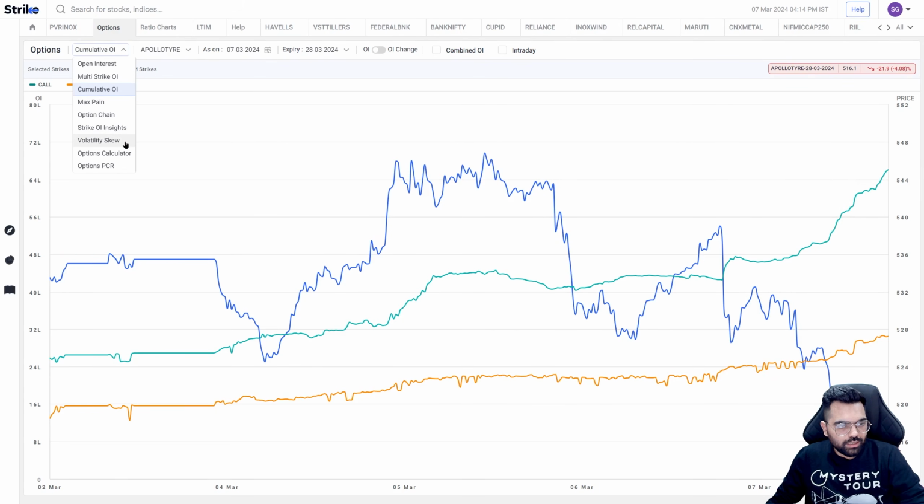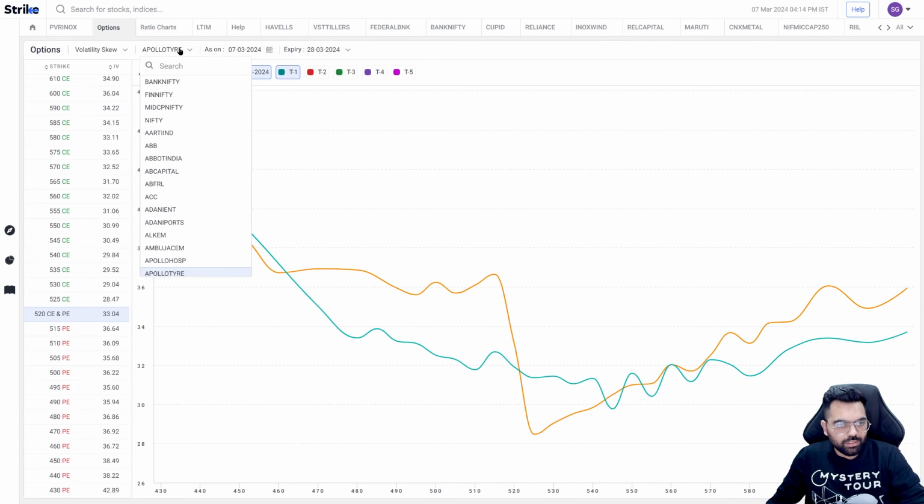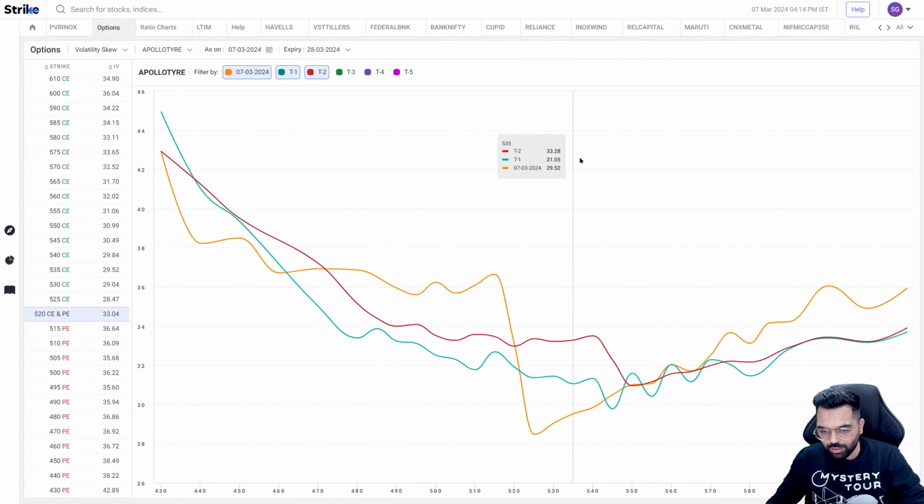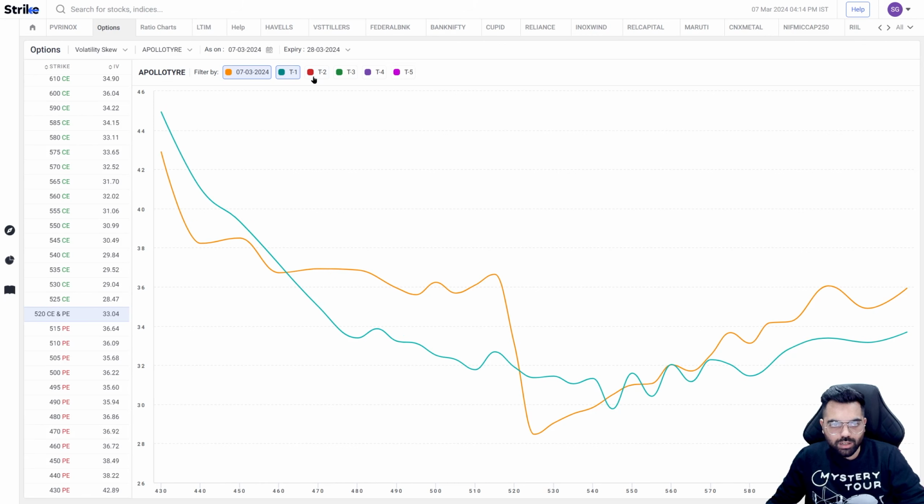One more thing that I just saw was in the volatility skew. In my video a couple of days back, I was discussing how to observe volatility skew. The most basic actionable item out of volatility skew is the shift of the lowest point. Whenever the shift in the lowest point of IV is towards the left side, it gives us a bearish expectation, and a shift towards the right gives us a bullish expectation.